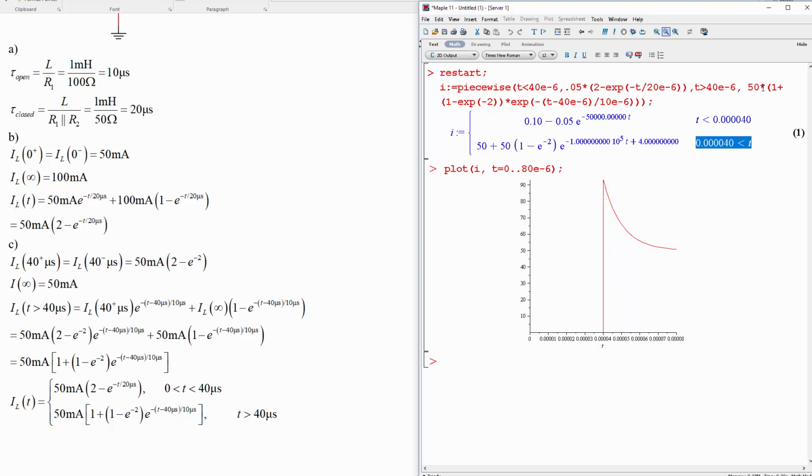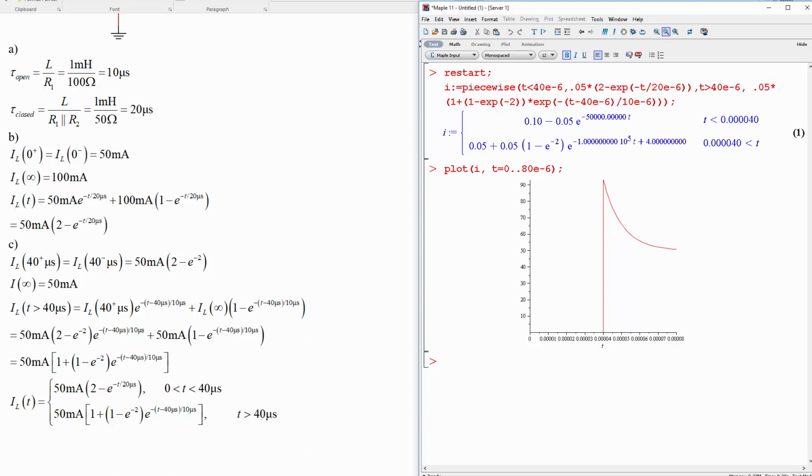Oh, you know what we forgot to do? We said 50 instead of 50 milli. So 0.05. Yeah, there we go. That's a little better. And on this plot, we can go current equals 0 to 0.1.